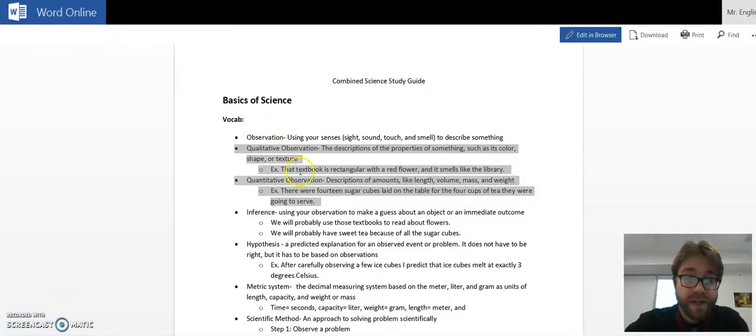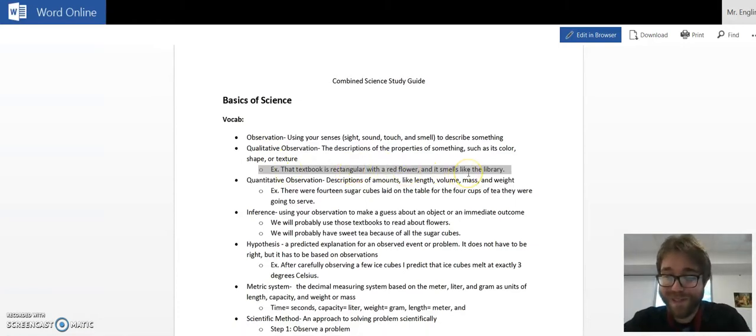And on your guide here, I listed two examples. For qualitative, I listed that the textbook is rectangular with a red flower and it smells like the library. So this is qualitative because it describes the shape, it describes what something looks like, and it describes a smell.